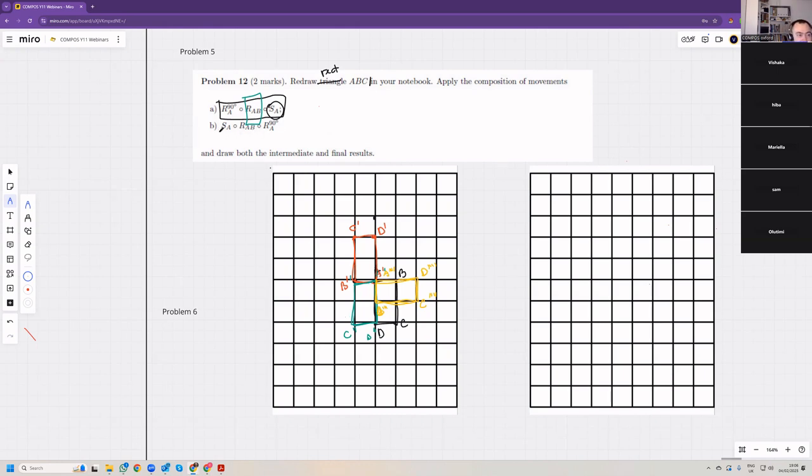And then you do the second one. The second one is a rotation followed by a reflection, followed by a point reflection. Let me just quickly do this. Let's take the rectangle ABCD. First we do a rotation of 90 degrees, so that becomes this.